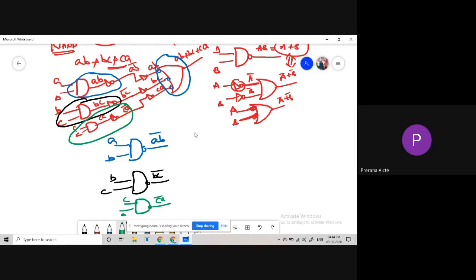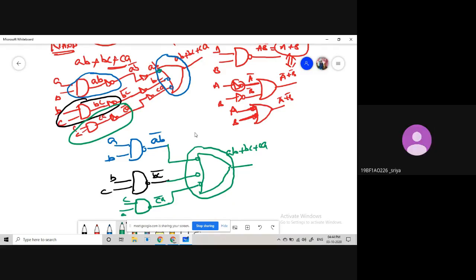Then coming to this one, this NOT is given to this one, so simply it is bubbled, right? Yes, sir. Bubbled, and again bubbled, and again bubbled. Similarly, if you are using an OR gate, we are getting AB plus BC plus CA only, right? Already we know that this bubbled OR gate is nothing but a NAND gate.